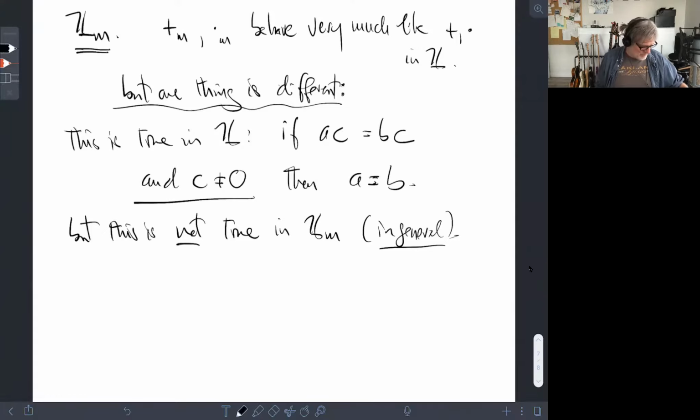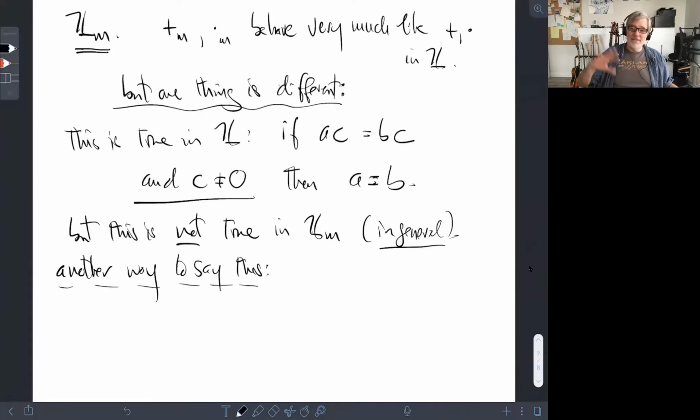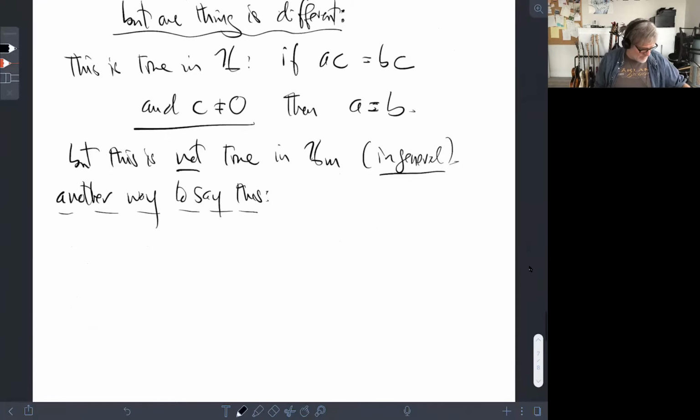Okay. Another way of saying this, I have no choice. Okay, so in Zm, right, when we multiply, we mod out to get the value. So what I'm saying is this. So it is not true. I'm going to leave this in. I'm an honest guy. Although I'm tempted to cut it out, you'll never know.